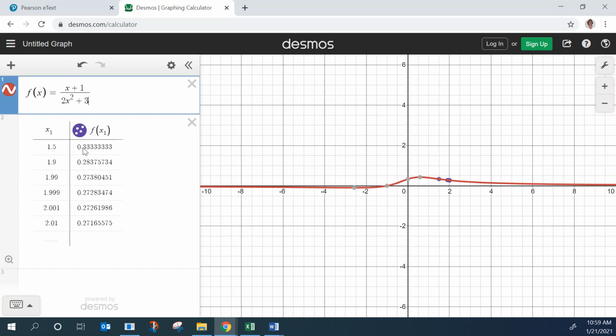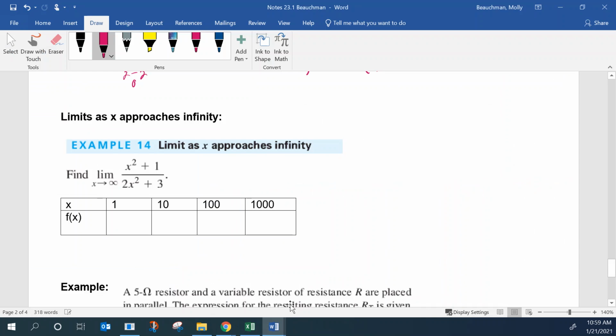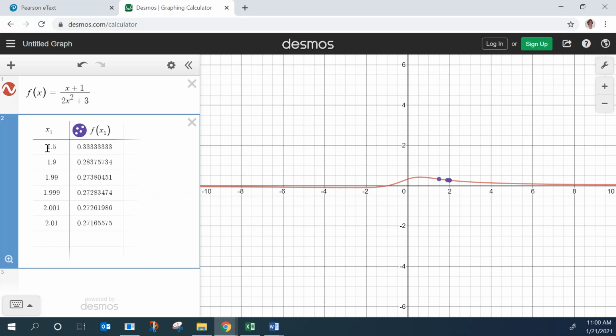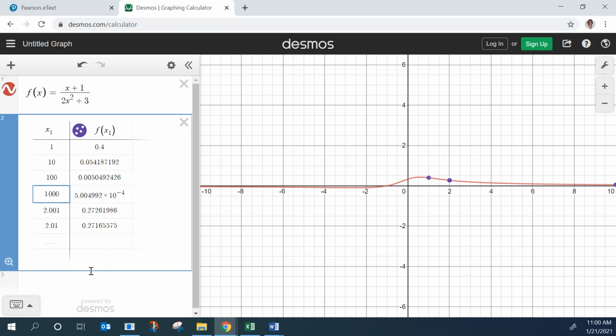It's a crazy looking function. So then I want to make sure I get in values that are approaching infinity. So I need to go to that table in Desmos and put in the numbers 1, 10, 100, 1,000, and then take a look, 10,000.